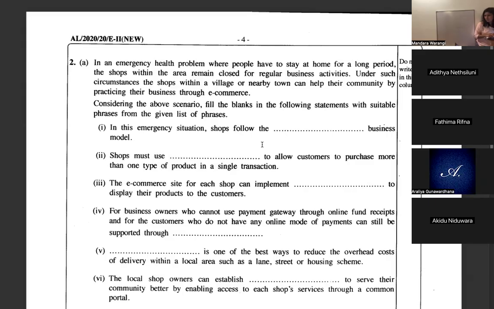Even when you go to a supermarket, if you have many items to purchase, your mother or father will tell you to get a cart. So even in online shopping, if you have more than one item to purchase, you can get a shopping cart. So the answer is shopping cart.